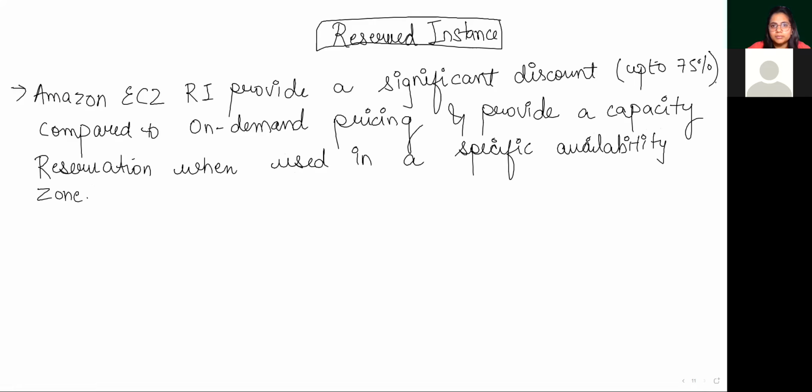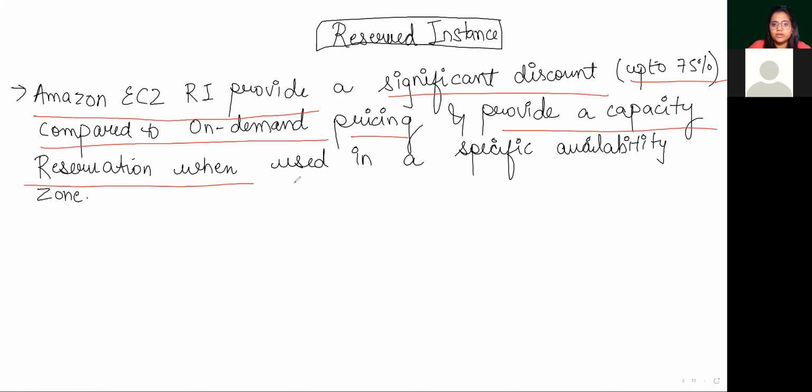See what happens. AWS EC2 Reserved Instance provides a significant discount of 75% compared to on-demand pricing, and provides a capacity reservation when used in a specific availability zone.